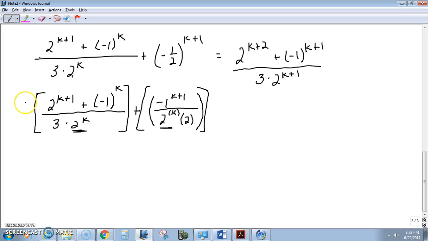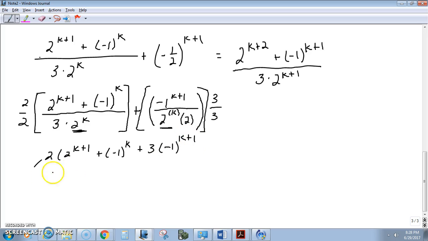So I'll multiply this fraction by 2 over 2 and multiply this fraction by 3 over 3, which gives me 2 times 2 to the k plus 1 plus negative 1 to the k, plus 3 times negative 1 to the k plus 1, all over my common denominator of 3 times 2 to the k plus 1.